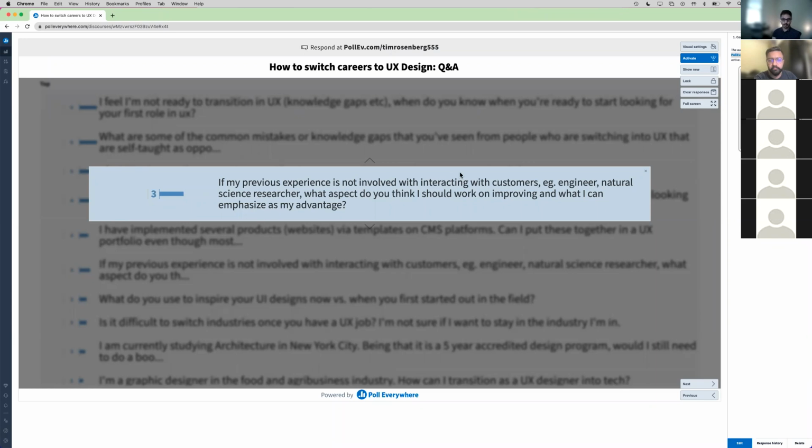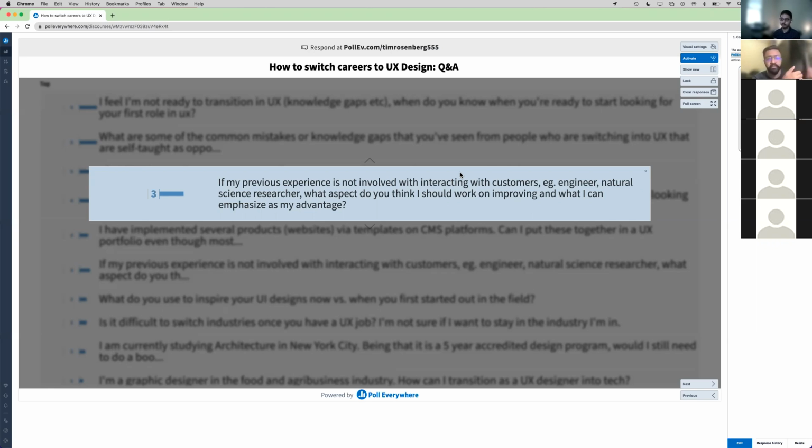What do you think? I think a lot of these fields have interchangeable skills. For example, engineers have a logical way of thinking, which helps a lot when you're working in UX, like defining the architecture of the information in your head or even on the screen. I think engineers can do it really well.